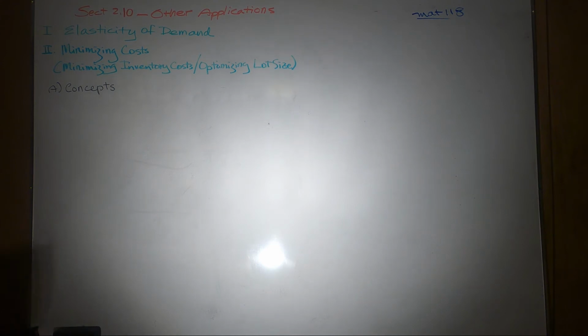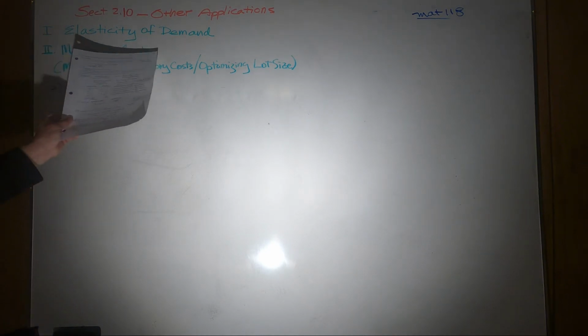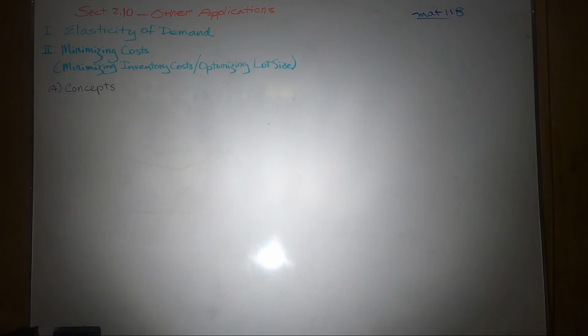So for this section, we are talking about two applications. Okay, the first one we just talked about was what? Elasticity of demand. That will help in business decision making, in pricing their products, right?